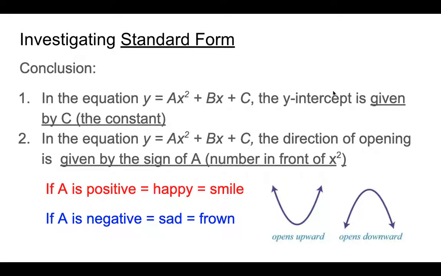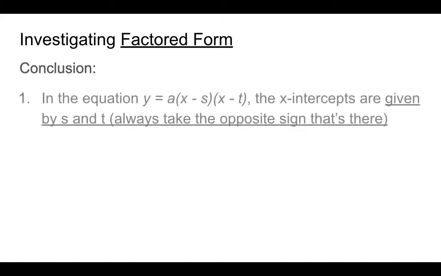And then on the second page, you took a look at factored form equations. What you should have seen is, if you have this equation, the x-intercepts are given by the numbers in the s spot and the t spot, but you have to take the opposite sign.